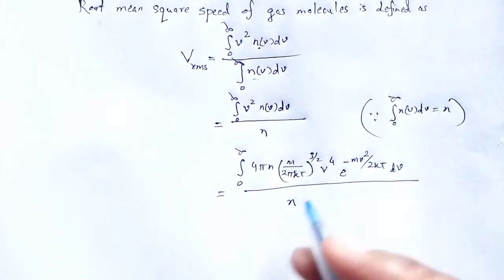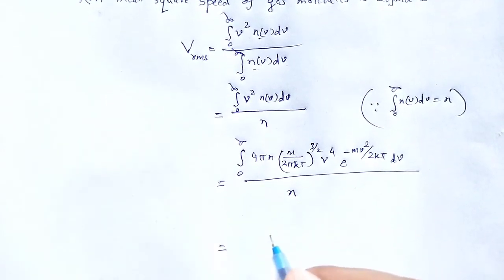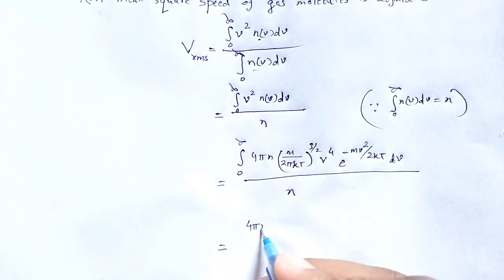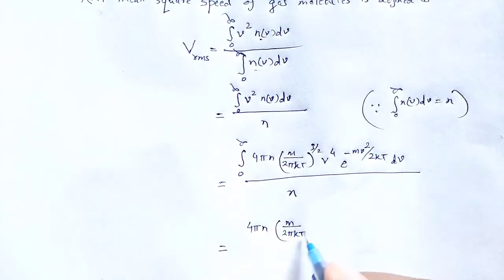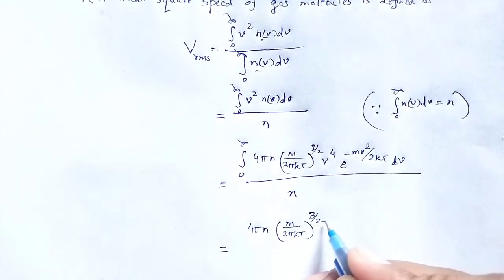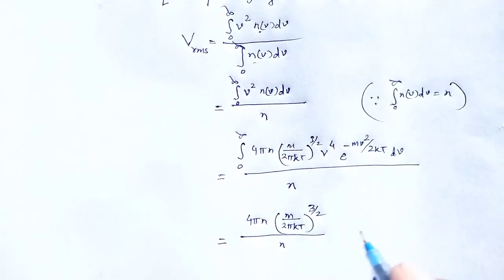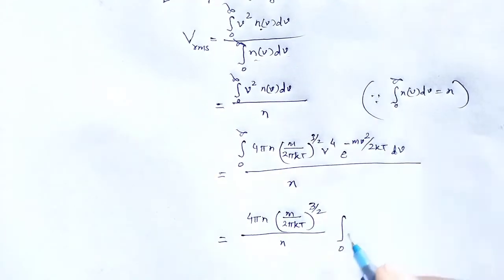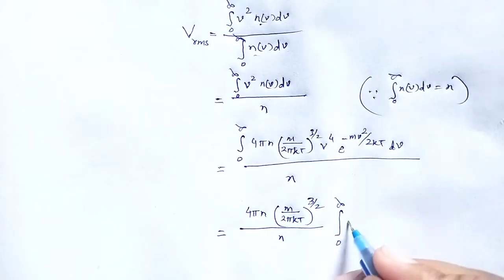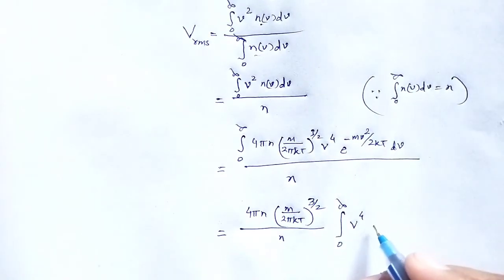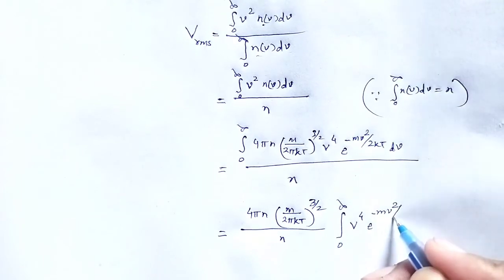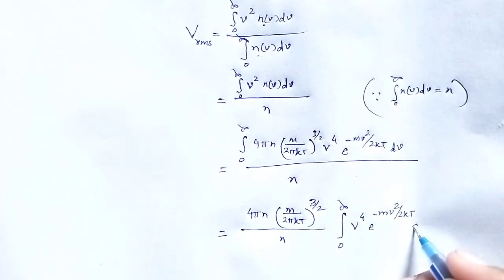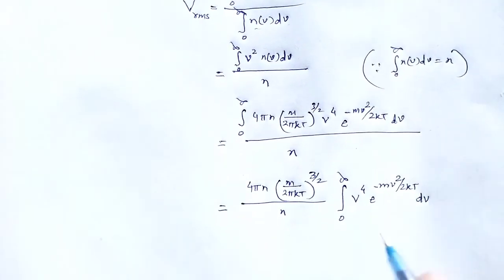The constants outside, that is 4 pi N (m by 2 pi kT) to the power 3 by 2 divided by N, times integration from 0 to infinity of v to the power 4 e to the power minus mv square divided by 2 kT dv.